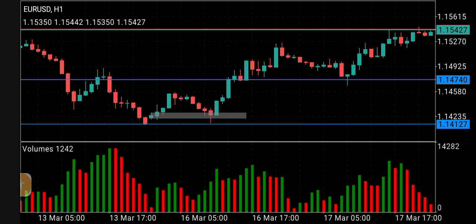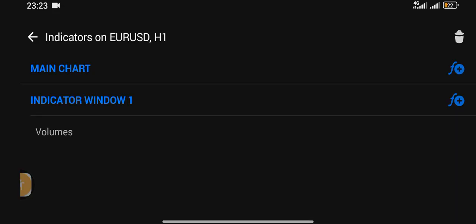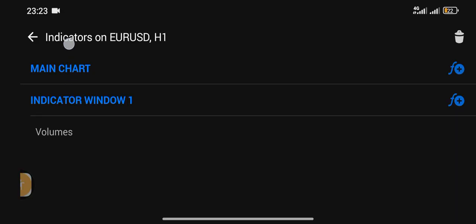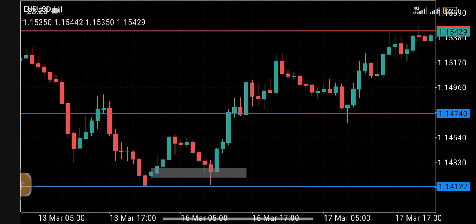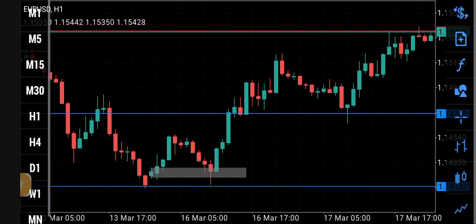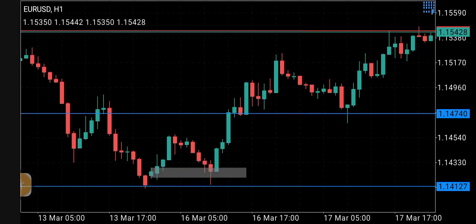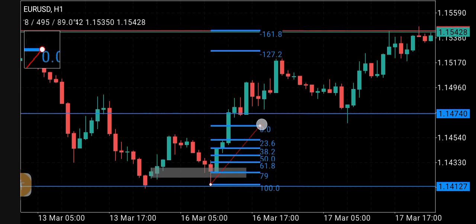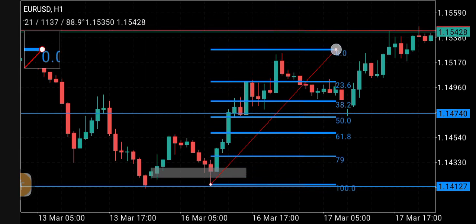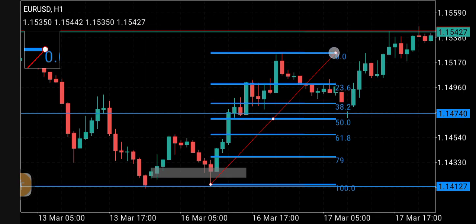Let me remove it and then let me remove this volume. Okay. Let me go back to our Fibonacci from here. Good. I've gotten it now. Down here. Okay.